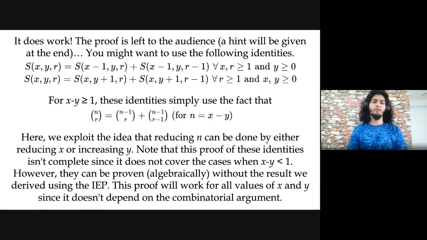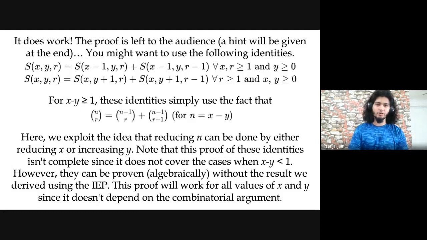So for this, you have to prove it algebraically using the definition of S of a, b, r. With a bit of manipulation in the summation form of S of a, b, r, you can show that this identity works. And if you prove it algebraically, there will be no assumption that x minus y is greater than or equal to 1, because you won't be using the formula we derived previously for a minus b choose r.